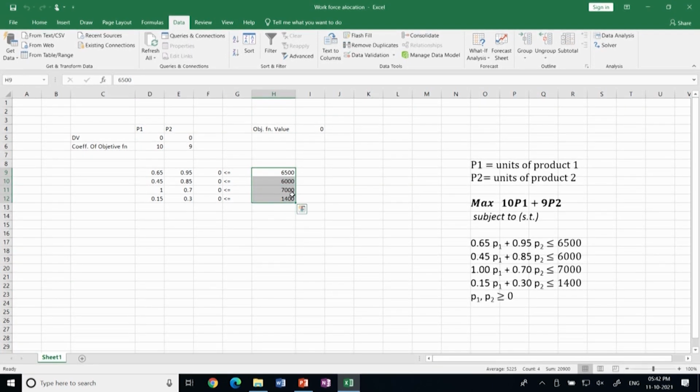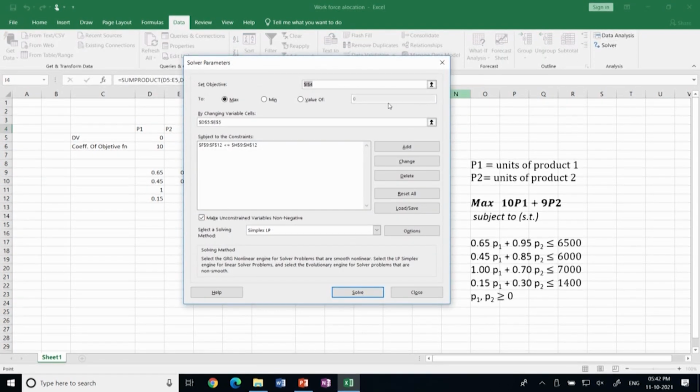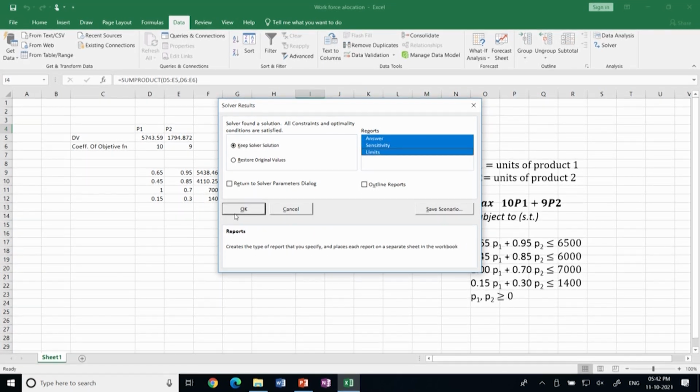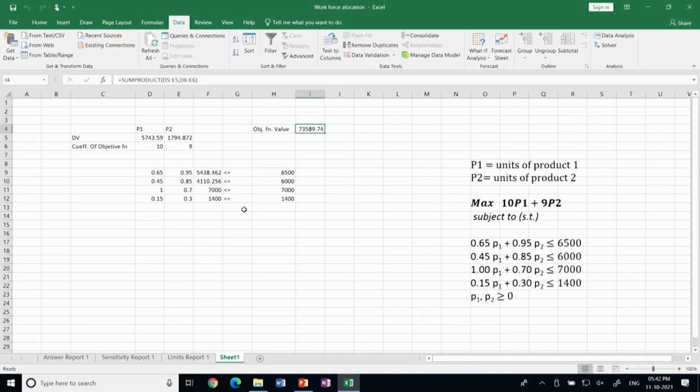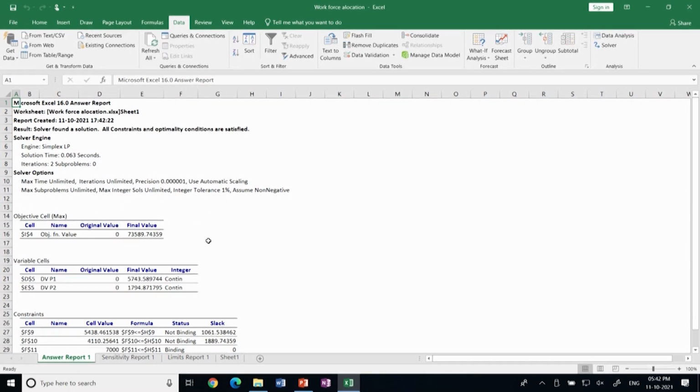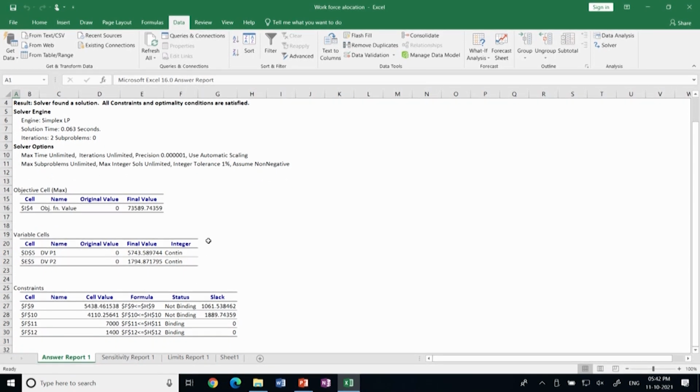Now, I go to Data, then Solver. I have already formulated it. This is a maximization type, so please solve. Select answer, sensitivity, limits, press OK. The answer report says that the value of the objective function is $73,589.74.